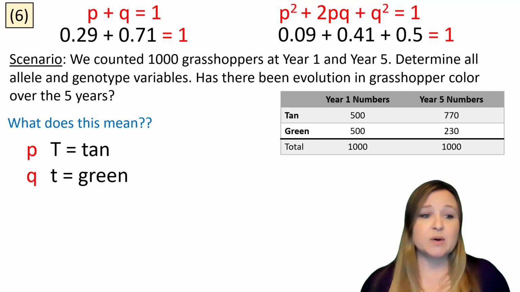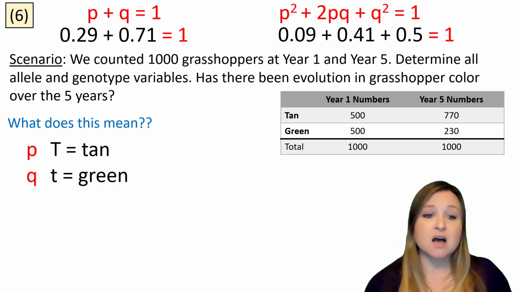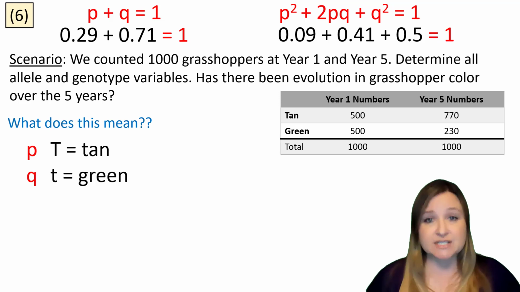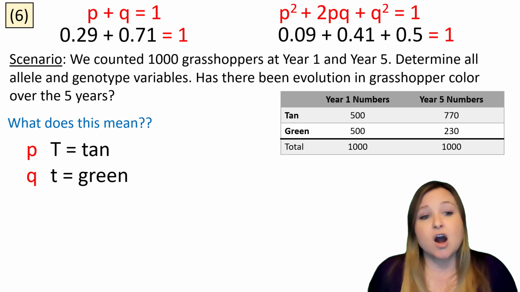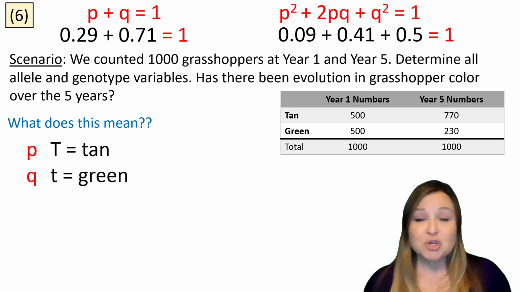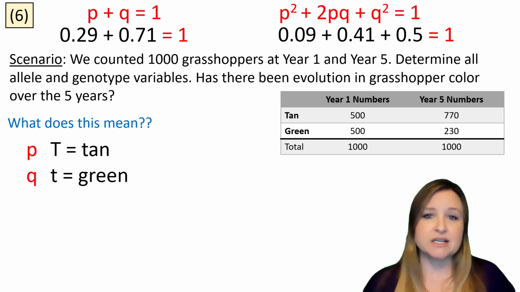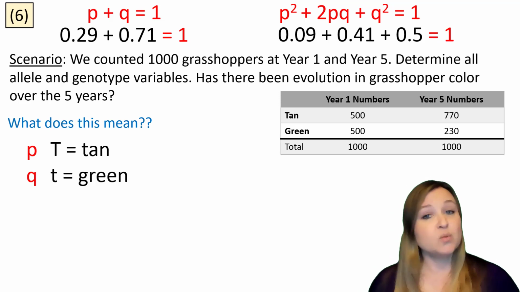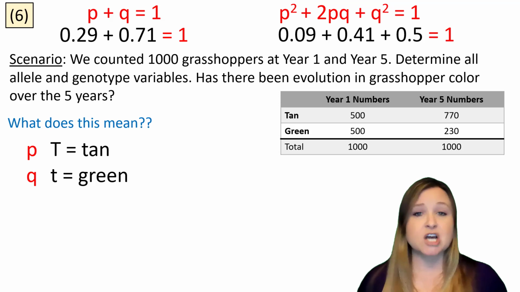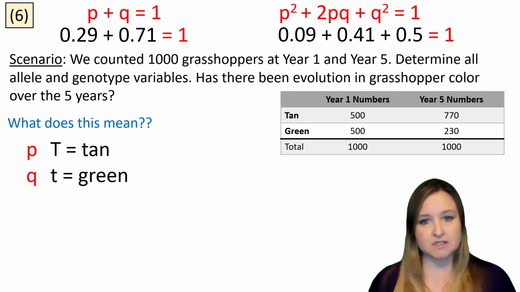And in this case, big T, that's P. So the frequency of the dominant allele is 0.29, or 29% of the alleles are the dominant allele. Q, on the other hand, is 0.71. So 71% of the alleles in this grasshopper population are the recessive allele.